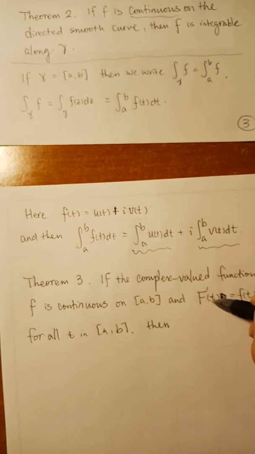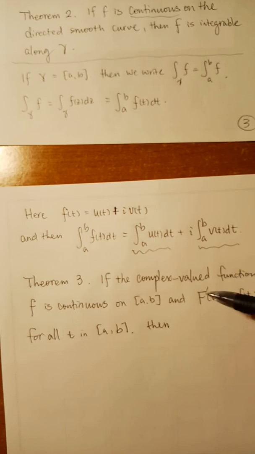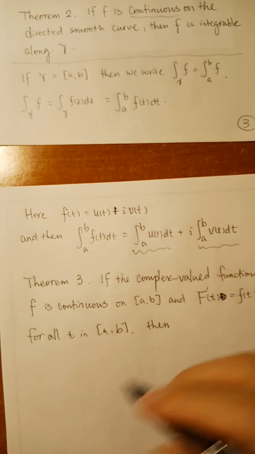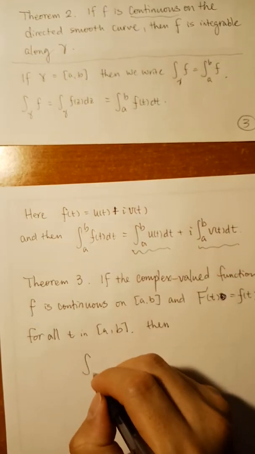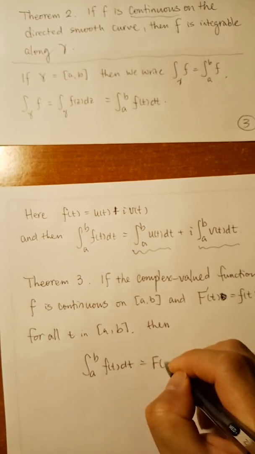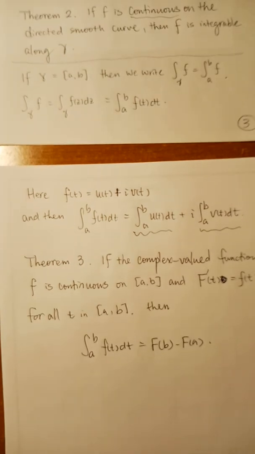So it means the derivative of the real part is u, the derivative of the imaginary part is v. And u, v are real variable functions, so you can apply the fundamental theorem of calculus from the real calculus. So you evaluate based on the antiderivative, and to put them together, we have the same fundamental theorem of calculus.